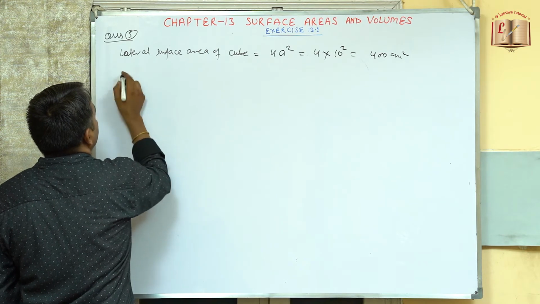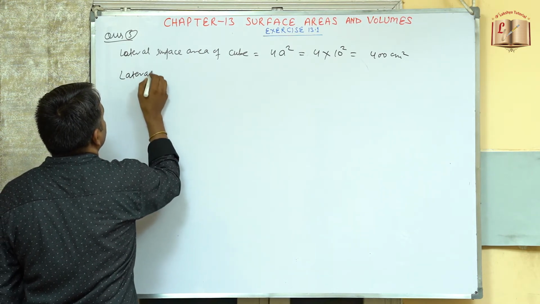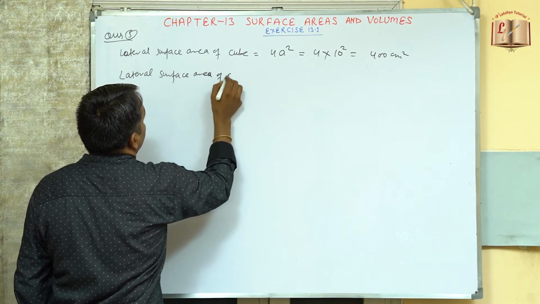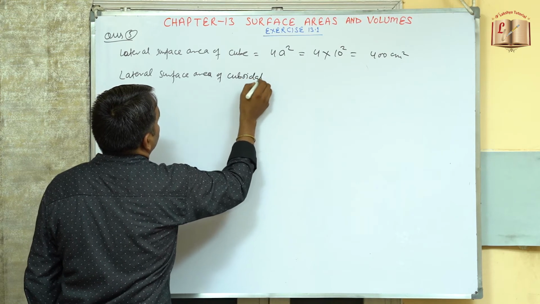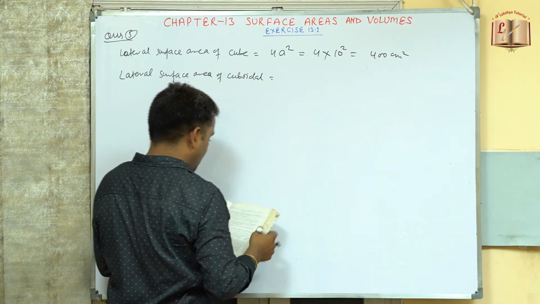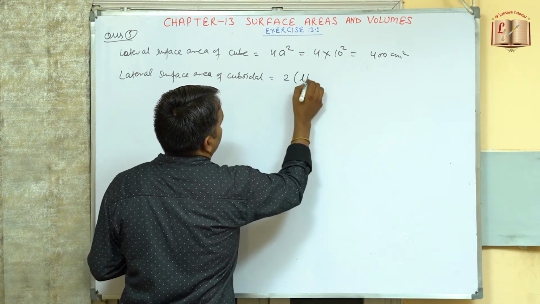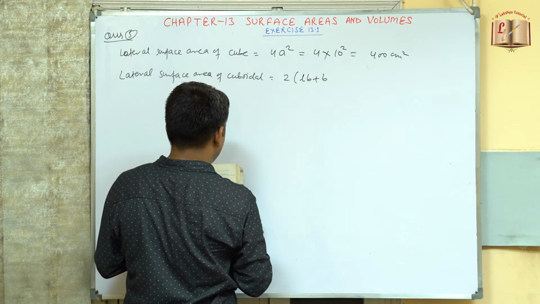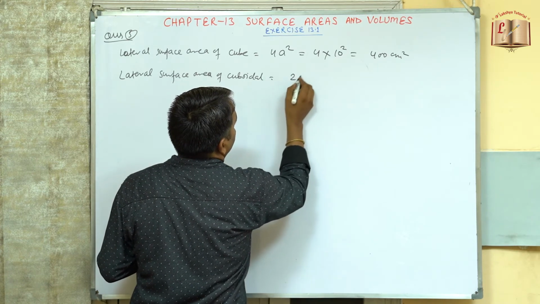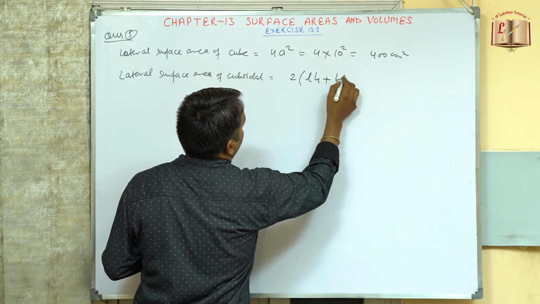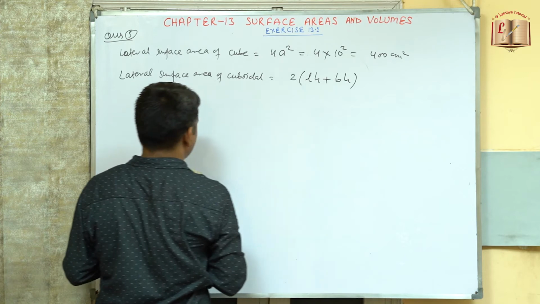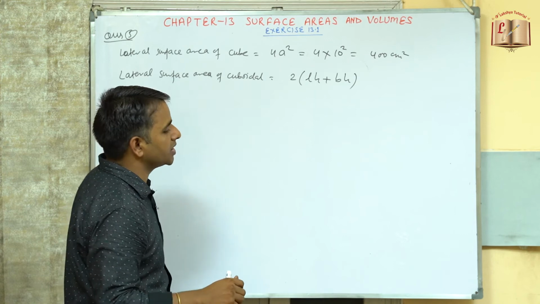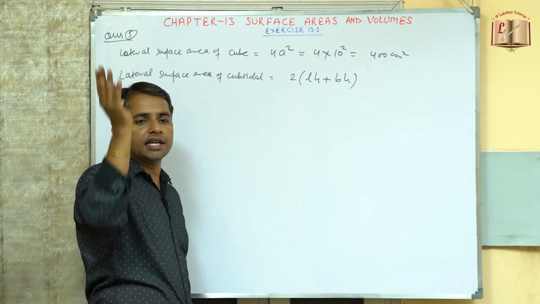Similarly, the lateral surface area of the cuboidal box is 2 times (LH plus BH), because the rest of the terms will not be there. Lateral surface area means the area of the walls only, without the floor and ceiling, only the 4 walls.